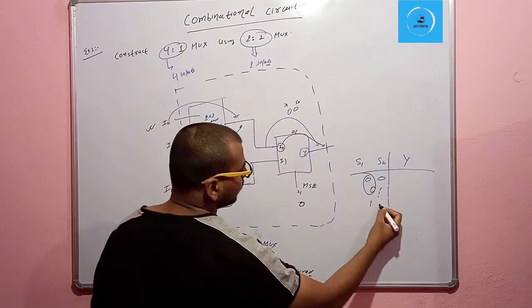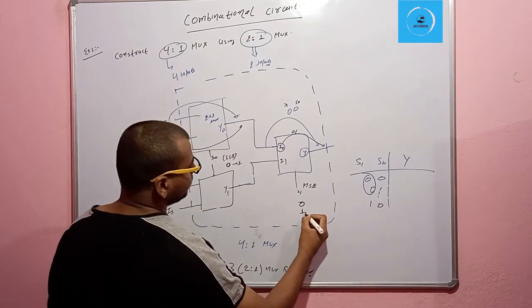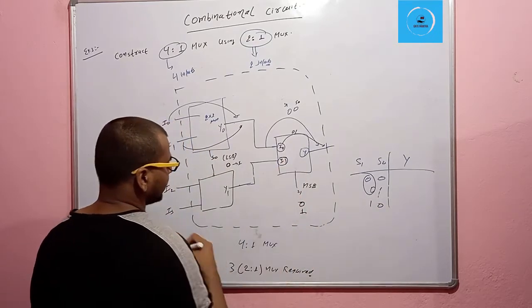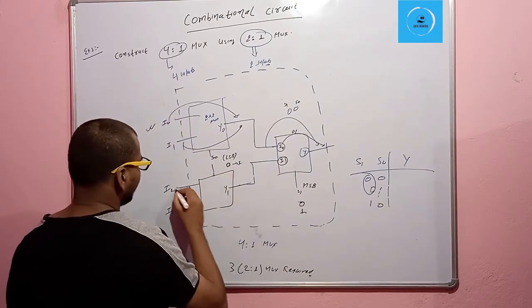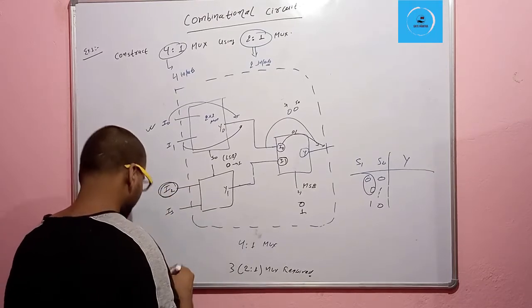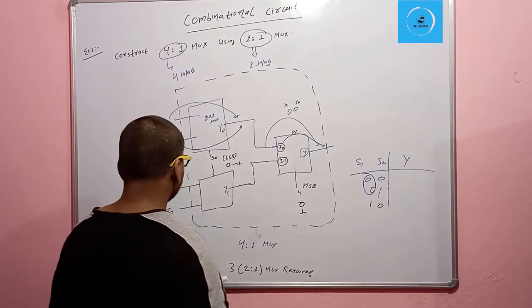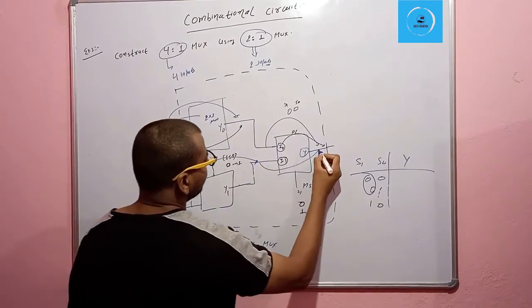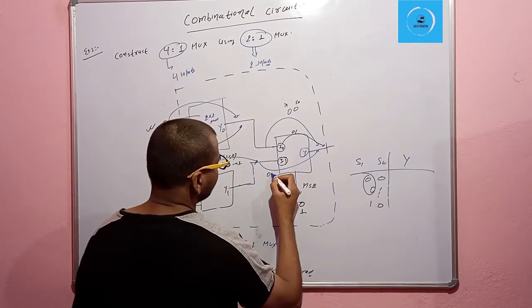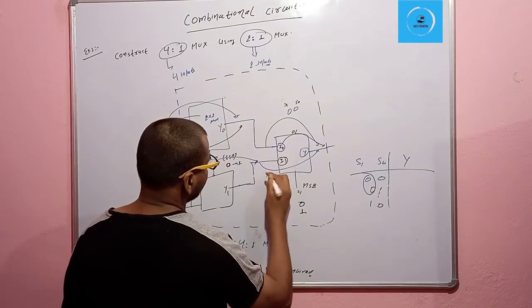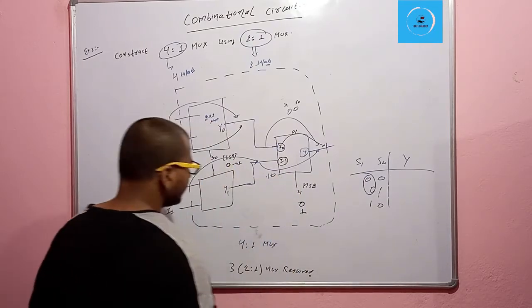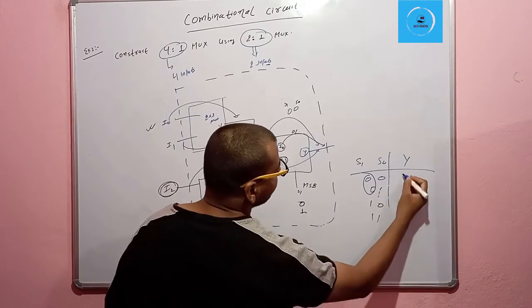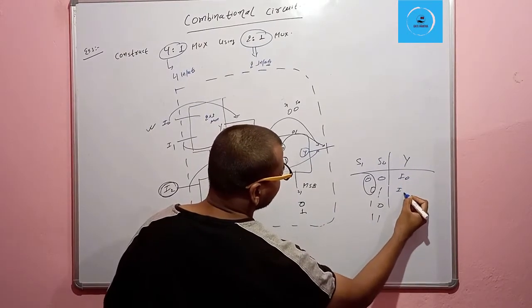Similarly, when 1, 0: this is the 1, so the second mux is going to be selected, and this is the 0, so I2 is going to be selected. So for 1, 0, this I2 will be present here, and this will be present here. And for 1, 1 we can also write here.